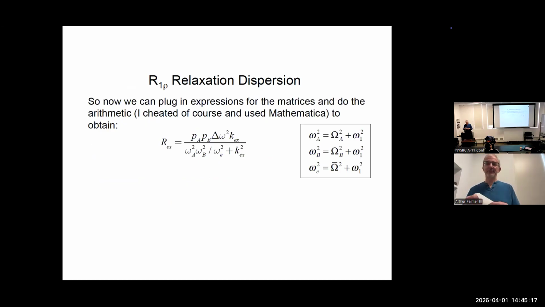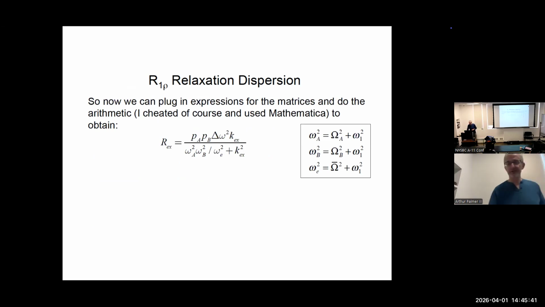So if you do the arithmetic for the two-state case, you get this result. And suddenly, you're not sensitive just to omega E. You're sensitive to the effective fields at the frequencies of the A and B state, even though you never see the B state in the spectrum.